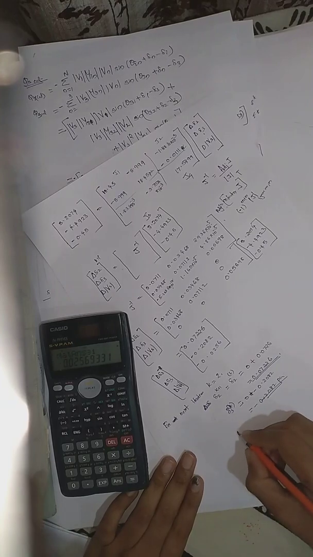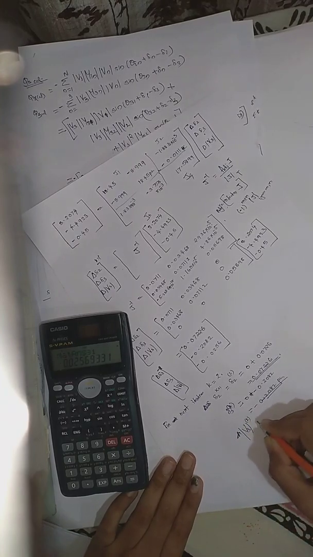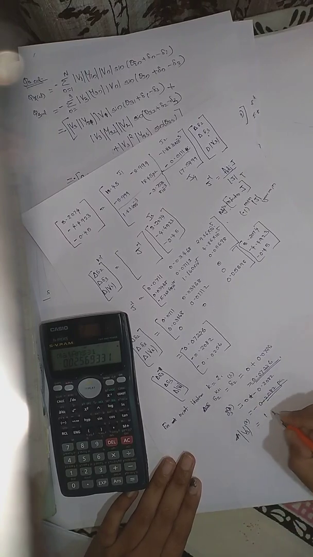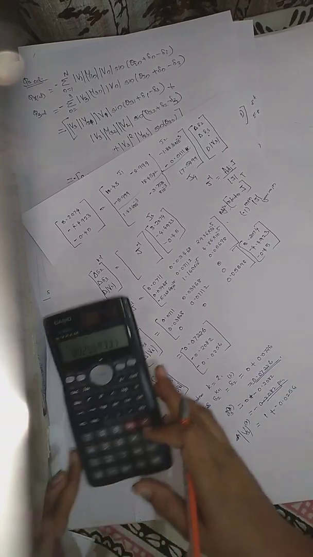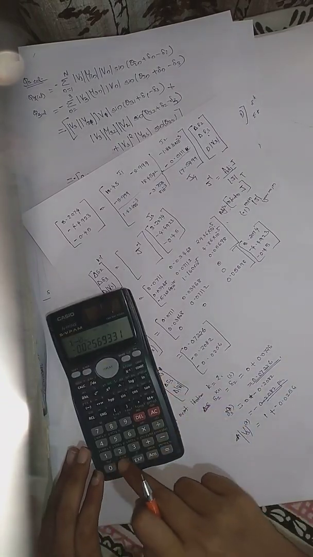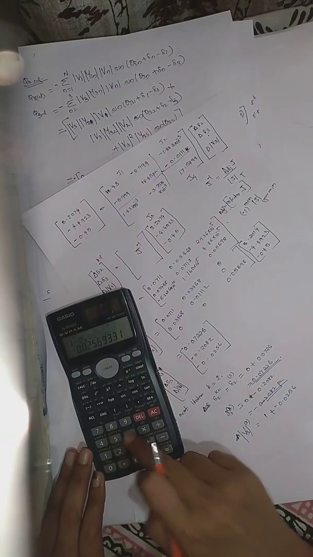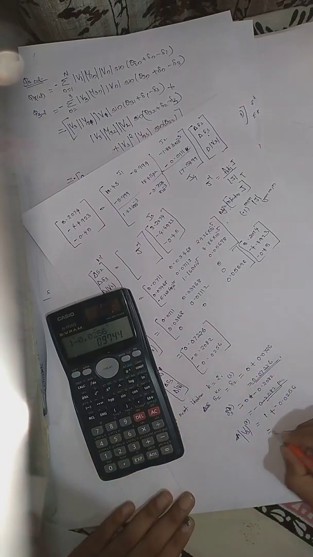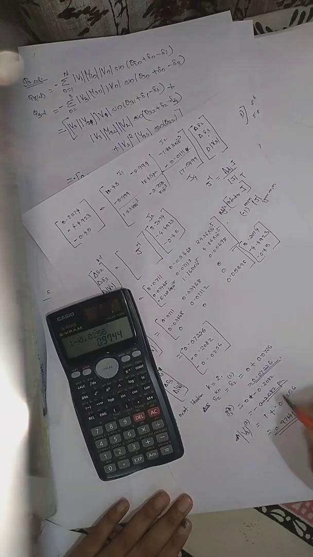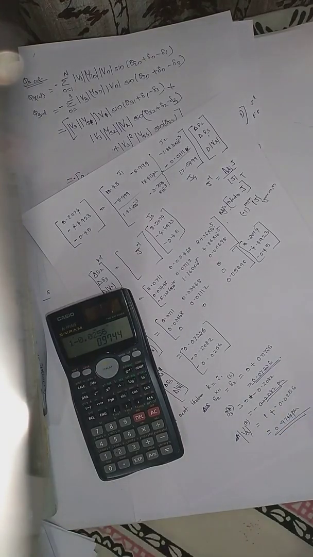For V3 for the next iteration, the V3 value was 1 plus minus 0.0256, that is 1 minus 0.0256, which equals 0.9744 per unit.